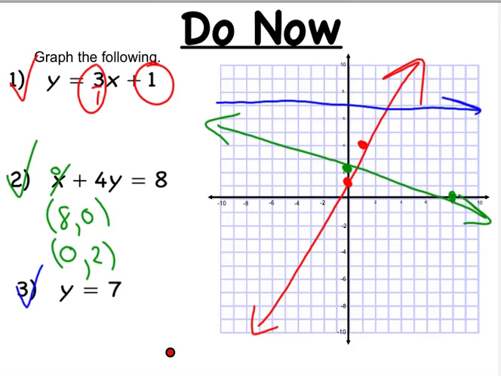And I'm putting it here because it has to go through 7. We don't need to plot any points for this one. We shouldn't have to at this point. All right, so that's just a really quick review of how to graph something in slope-intercept form, standard form, or a horizontal/vertical line. So let's move on to what we're talking about today.